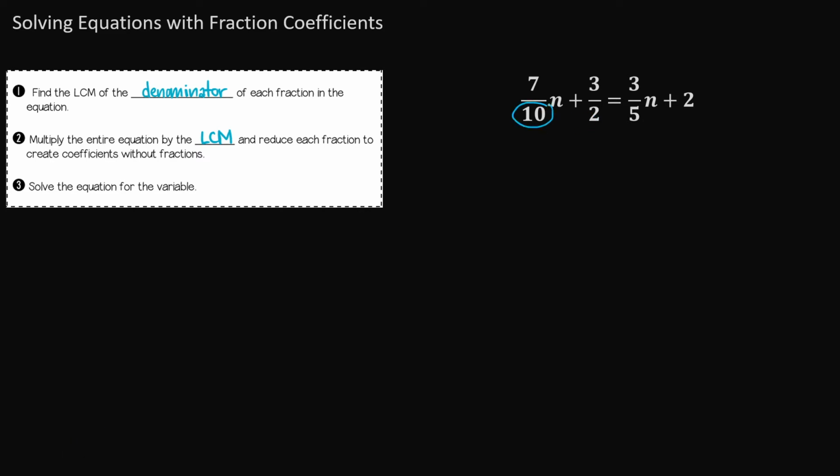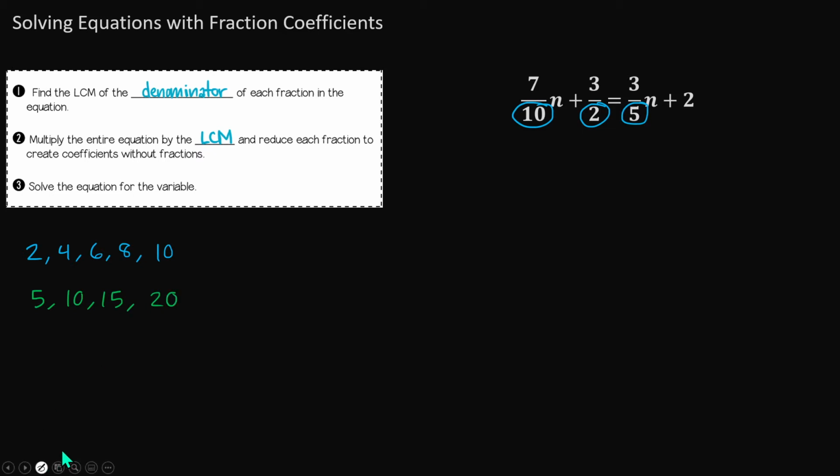So we're looking at 10, 2, and 5. To find the multiples, I'll just list out multiples of 2: 2, 4, 6, 8, 10. I'm going to stop there because I have a feeling I know what it is already. Multiples of 5, we've got 5, 10, 15, 20.